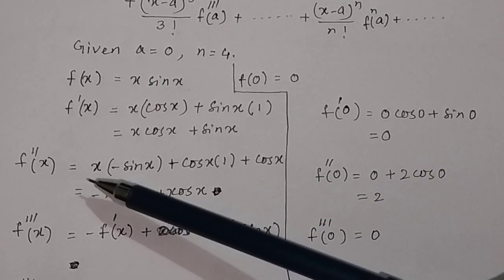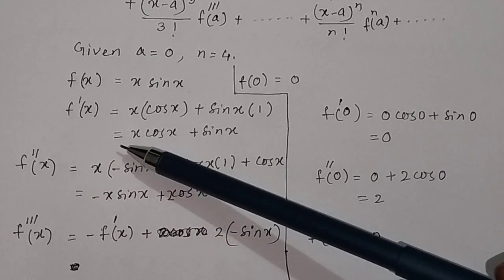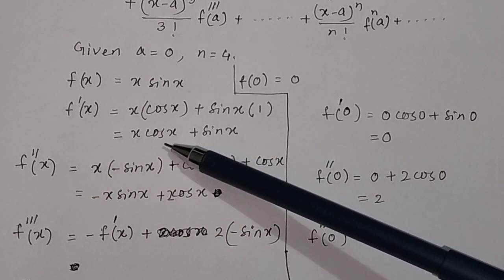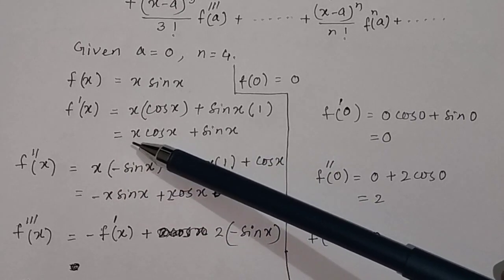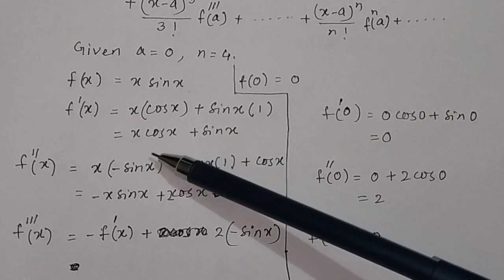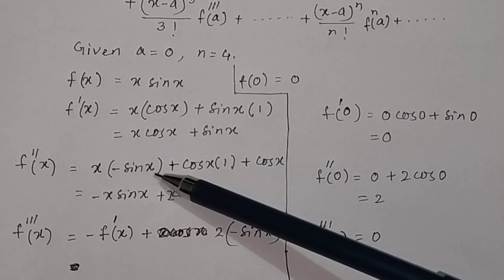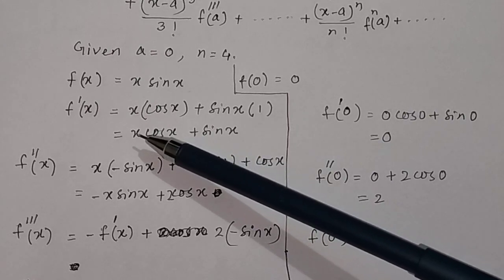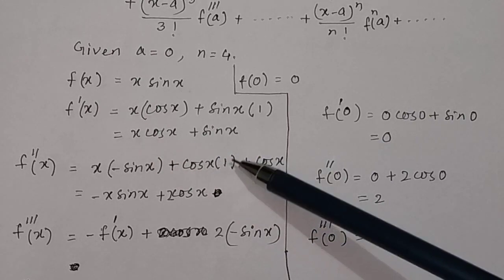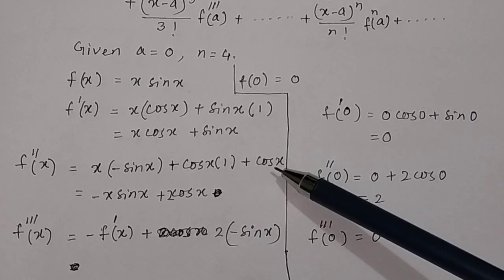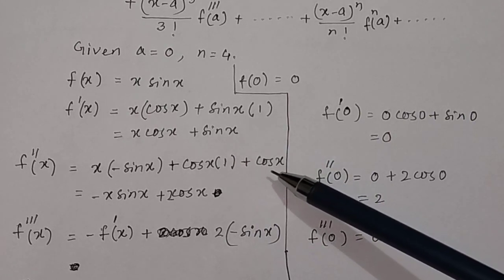Then we will find the second derivative of the function. If you calculate the second derivative of this function, this is a product function. So its derivative will be the first function x, then derivative of the second, derivative of cos x equal to minus sin x, plus the second function cos x, derivative of the first function x, which is equal to 1, plus the derivative of sin x, which is cos x.